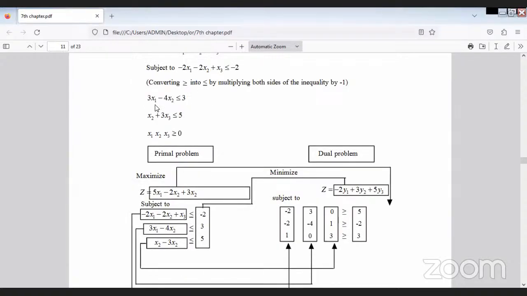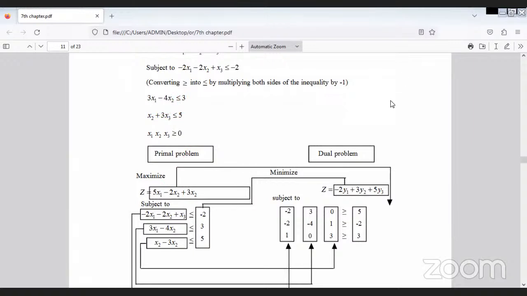So 3, 4 means x1, x2, there is no x3 here. So therefore 3, minus 4, then 0, 1, 3. There is no x1 here. So we are writing 1, 3 here. That is exactly 5, minus 2, 3, the x1, x2, x3 values.